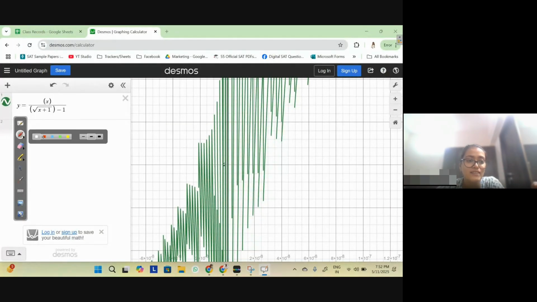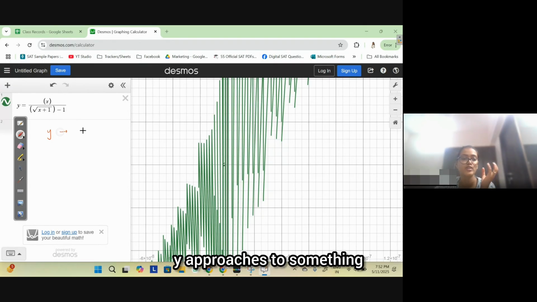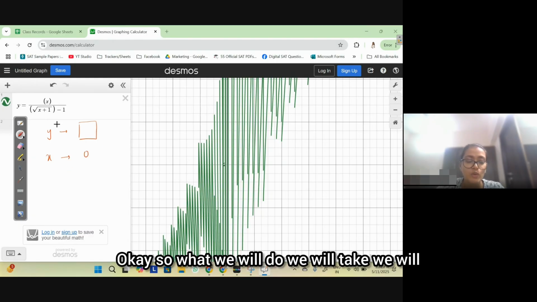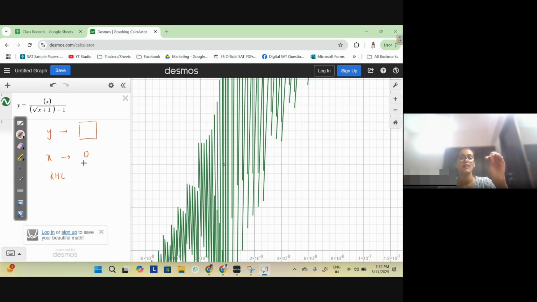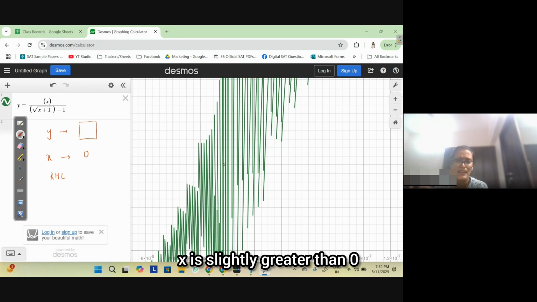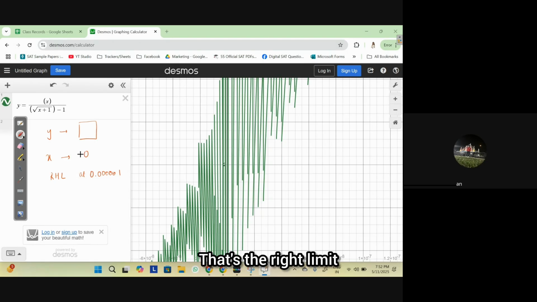Now the thing is, we want to find out the limit. That means what y approaches when x approaches 0. So we will find the right hand limit. That means we will find the value of this function when x is slightly greater than 0, that means at 0.00000001. That's the right hand limit.